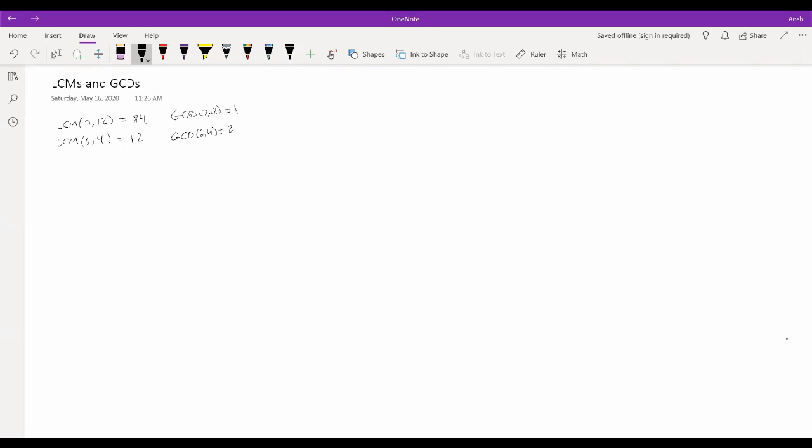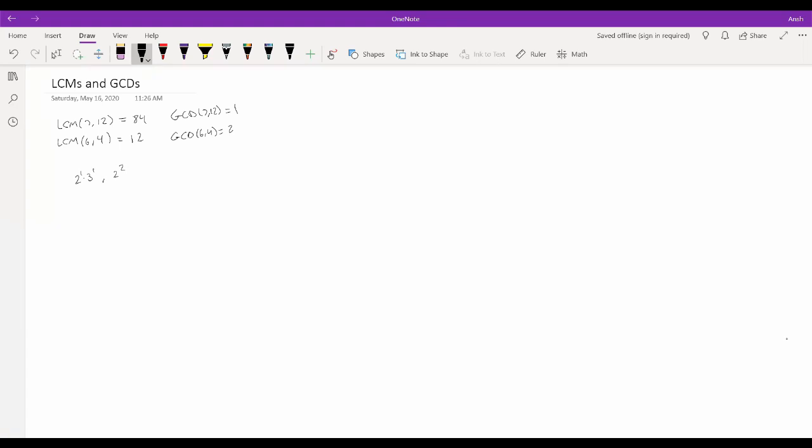So how we can find them is that for the LCM, you look at the prime factorization of the two numbers. Let's look at our second example, where we have 6, which is 2 times 3, and 4, which is 2 squared. Basically, for each prime, we take the largest degree. Both of these numbers are divisible by 2, but 4 is 2 squared, whereas 6 only has 2 to the first power.